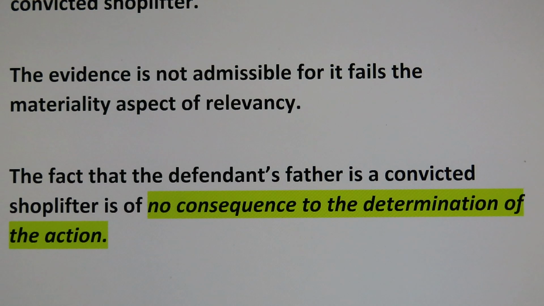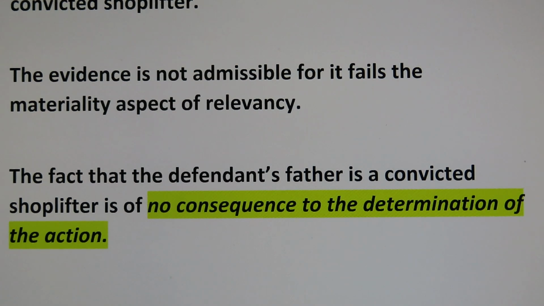So if you want to prove the fact that the defendant's father is a convicted shoplifter, this fact is of no consequence to the determination of the action. So that's why this evidence fails the materiality aspect of relevancy. So this evidence would be irrelevant.